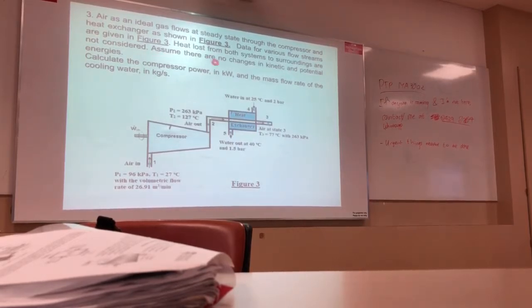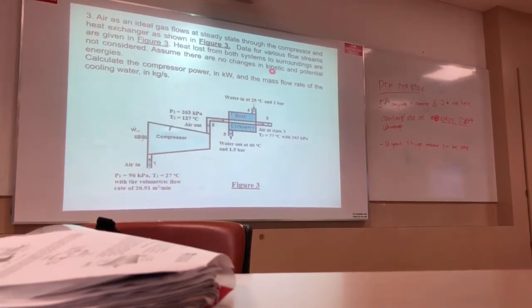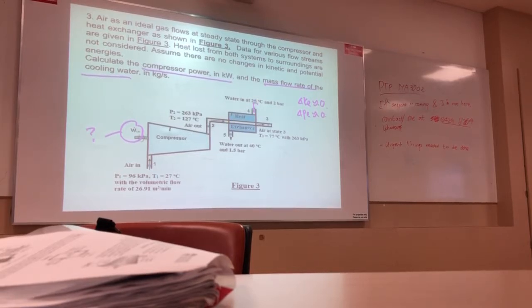Assume there are no changes in kinetic and potential energy. That means change in kinetic energy is 0, change in potential energy also 0. They tell you to calculate the compressor power in kilowatts, and the mass flow rate of the cooling water. You have to find these.